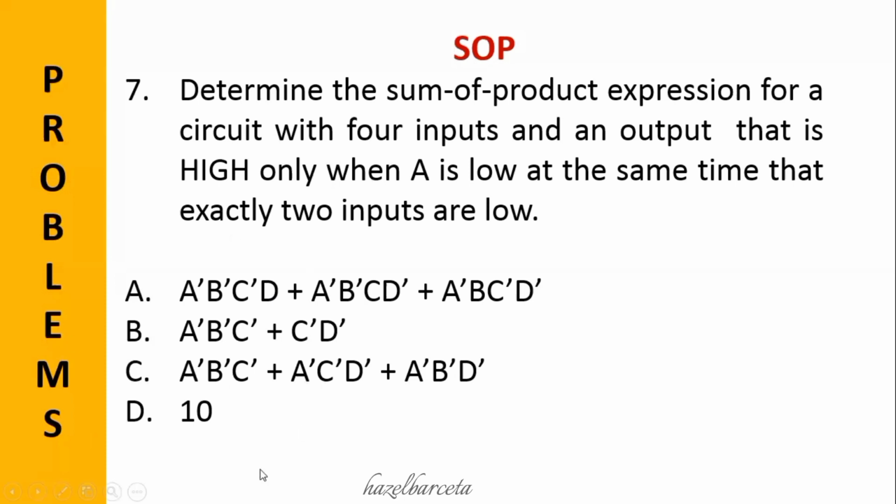Yes, multiplication. So, under po tayo ng AND operation. Again, kailan nga po tayo magkakaroon ng output na high or 1 sa ating AND? Kapag lahat ng inputs ay high. Unfortunately, A is low. At the same time, meron pang dalawang low. So, may tatlong inputs na low at isa lang yung high. Okay? Nakukuha po ba? So, okay. Sige. Provide po tayo ng table.